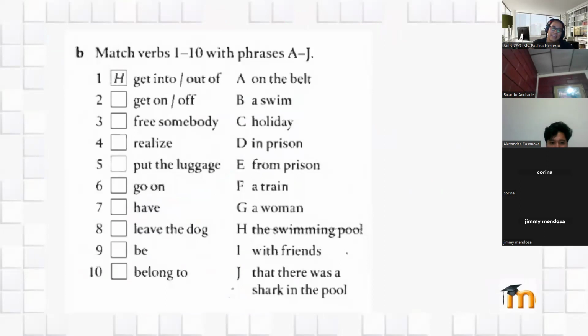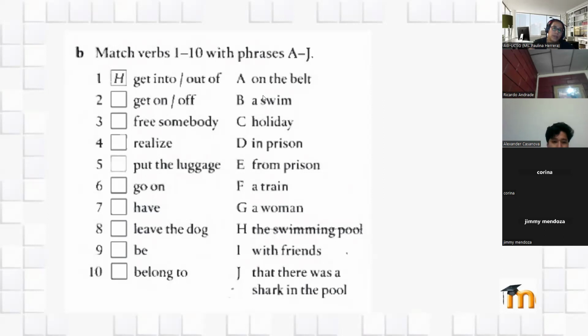We have get in or get out of, get on, get off, free somebody, realize, put the luggage, go on, have, leave the dog, be, belong to. And on the other side, we have on the belt, a swim, holiday, in prison, from prison, a train, a woman, the swimming pool, with friends, and that there was a shark in the pool.